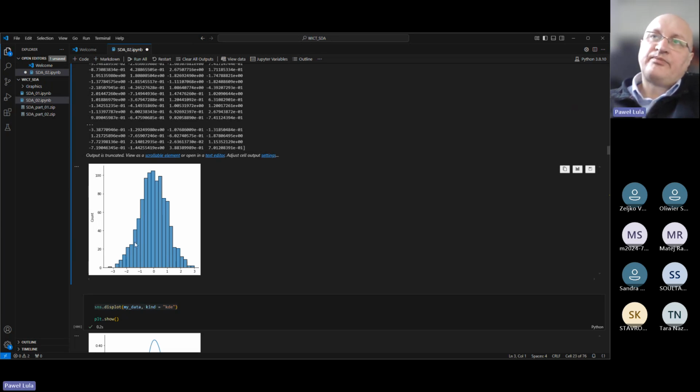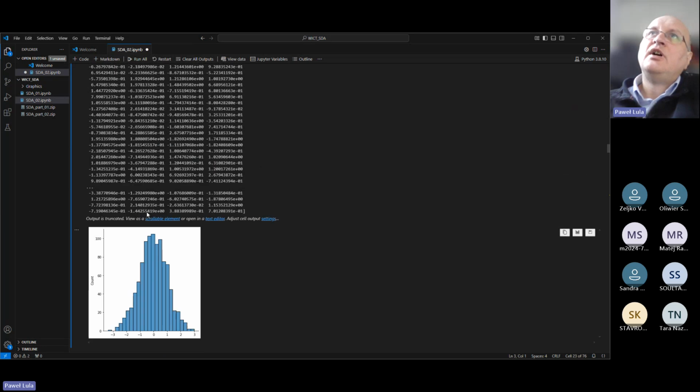It is a normal histogram with number of occurrences for every interval, and we see that the highest number of elements belong to these intervals which are located very close to 0 value.